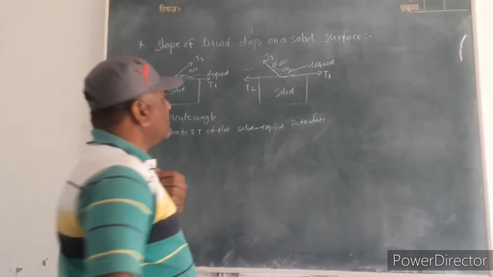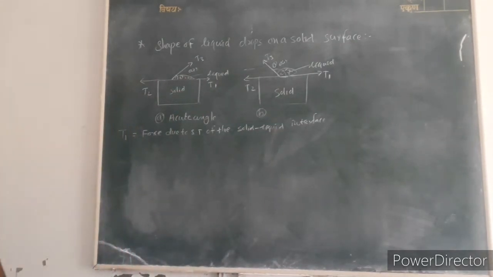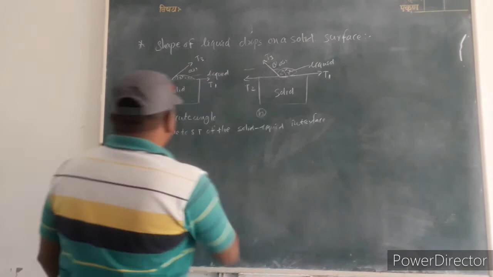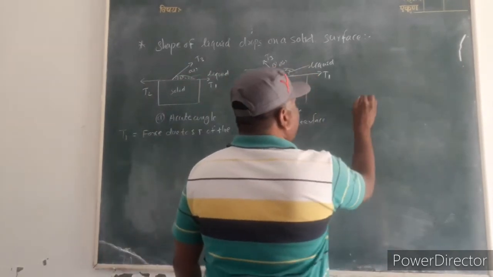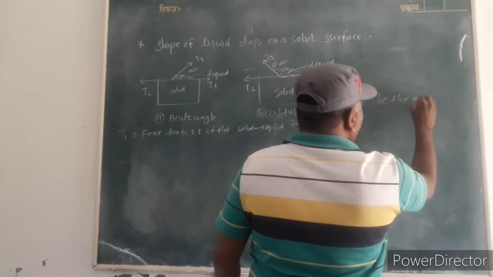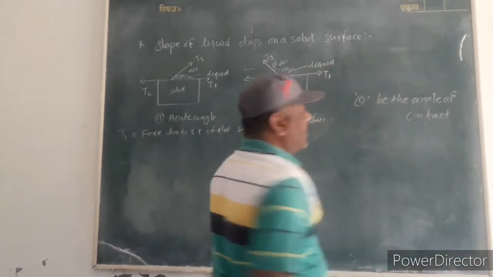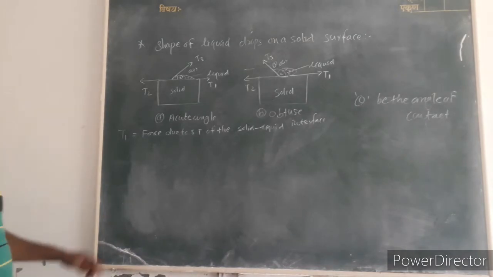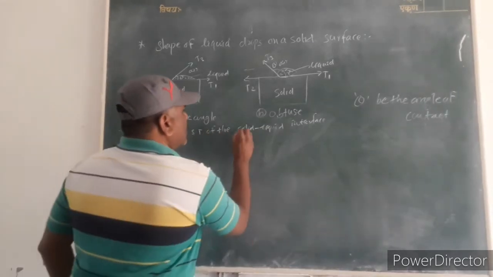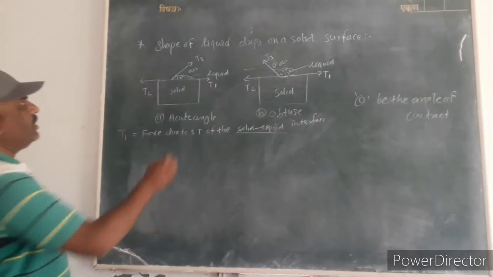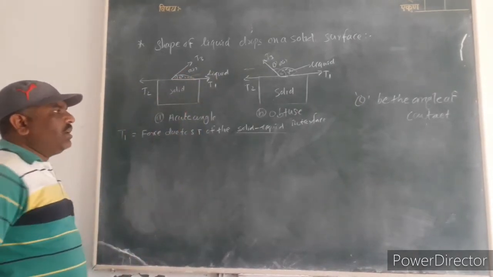Now we consider two figures, figure A and figure B. In figure A and B, theta is the angle of contact, and also let T1 be the force due to surface tension of the solid-liquid interface.